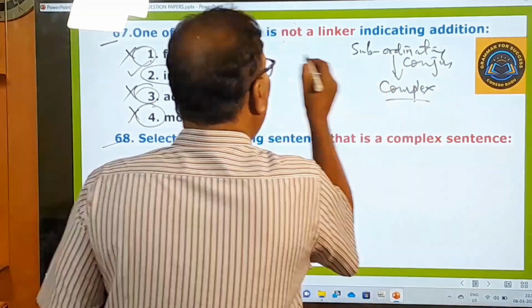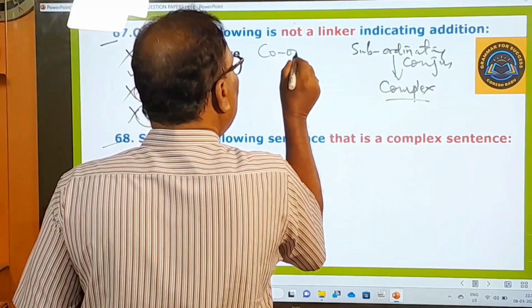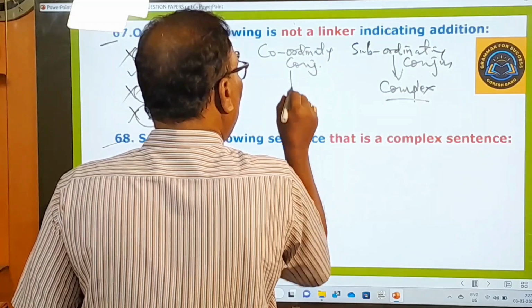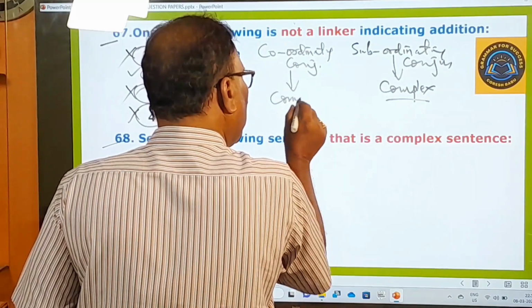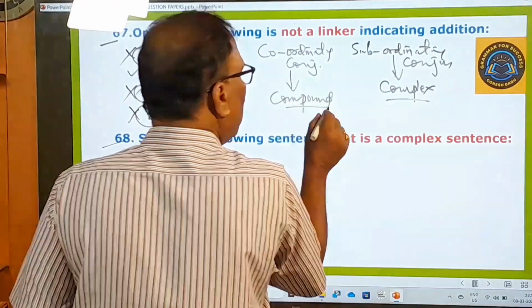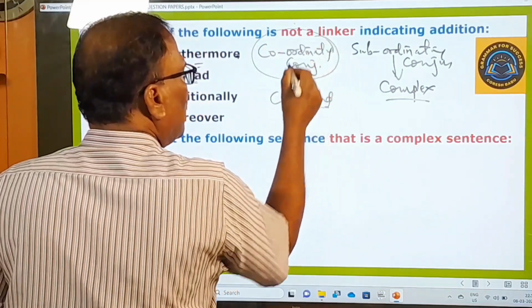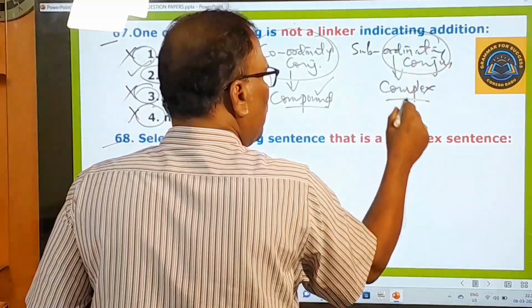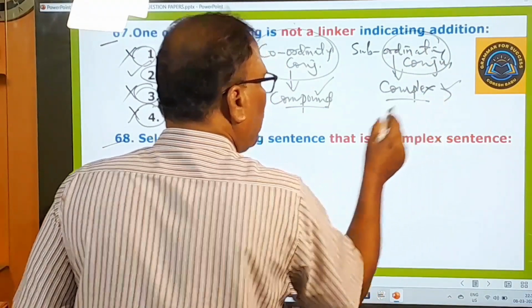And coordinating conjunctions, what do they do? They introduce compound sentences. So these conjunctions introduce compound sentences. These conjunctions introduce complex sentences. This point you have to understand.